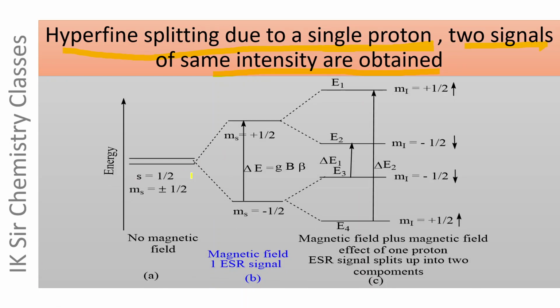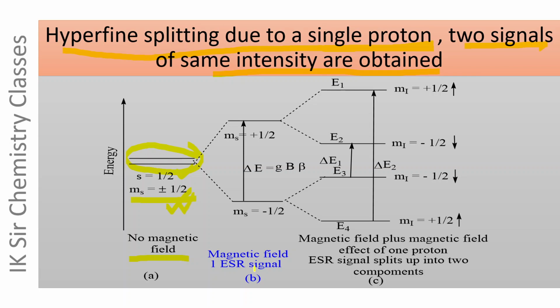The value of S for electron is 1 by 2, and the value of Ms will be plus half and minus half if there is no magnetic field. Ms equals to plus half and minus half have the same energy, and that is these two spin states are degenerate.